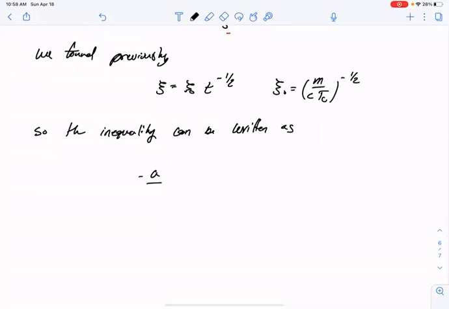So for mean field theory to be internally consistent, we require that A over U is much, much greater than this dimension geometric factor AD minus twice A, the correlation length to the D minus 2.